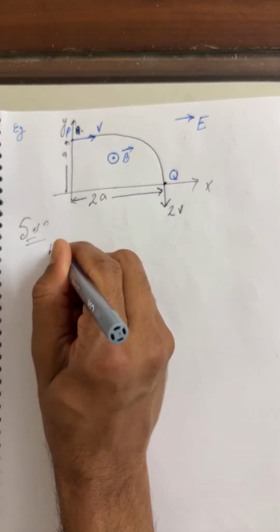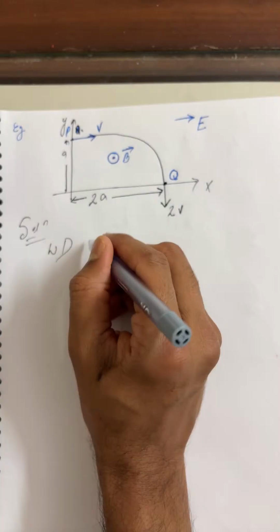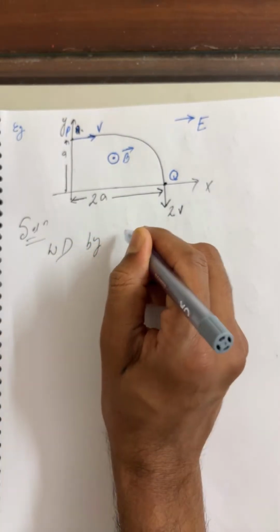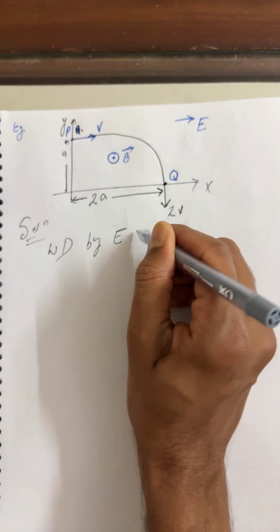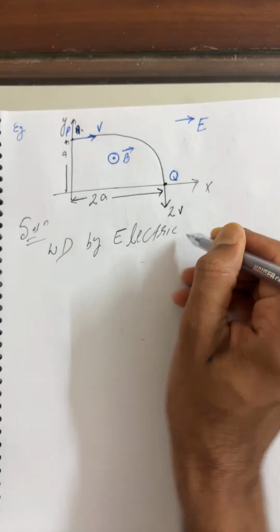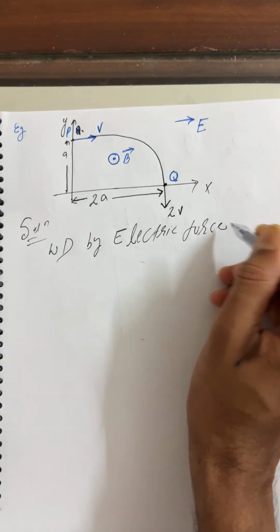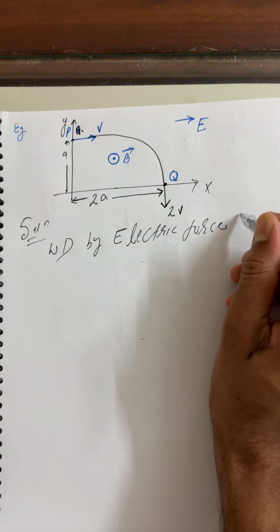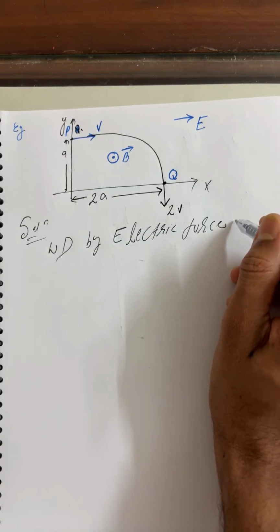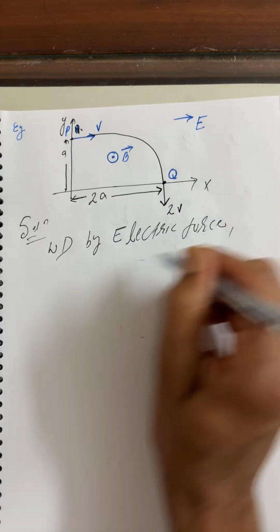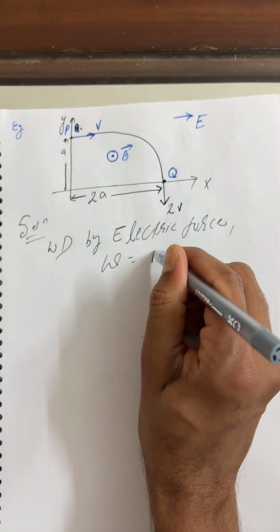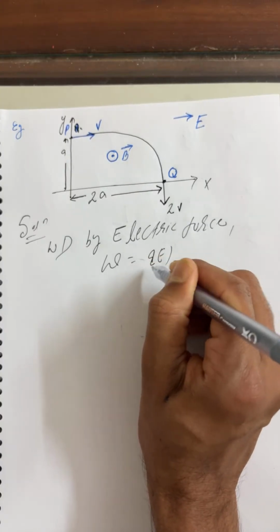Step 1: what is the work done by the electric force, or electrostatic force? Work done is force into displacement.